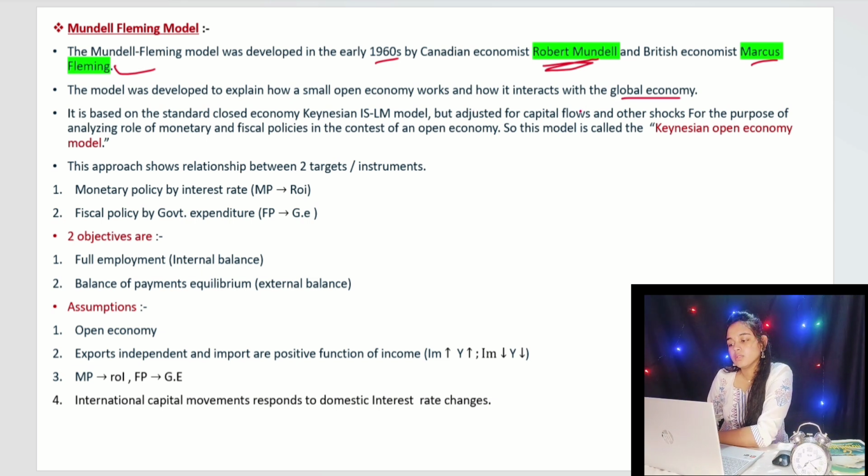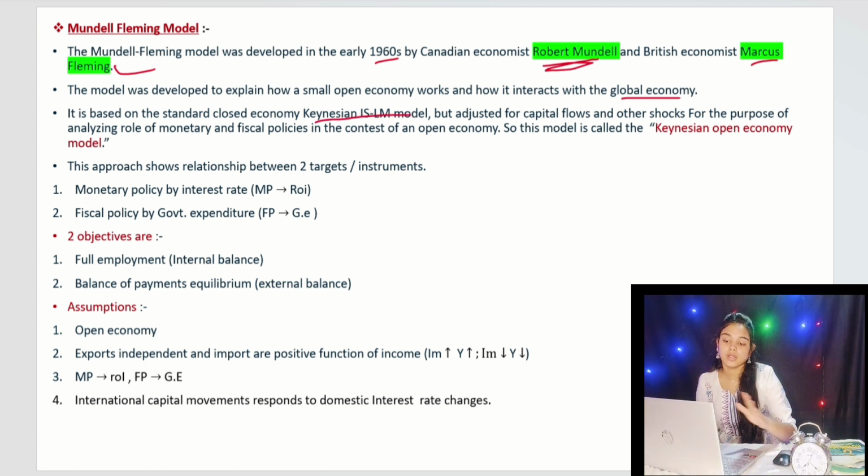It was based on the Keynesian IS-LM model and the Keynesian range, but adjusted for capital flow and other shocks, for the purpose of analyzing the role of monetary and fiscal policy in the context of an open economy. So this model is also called the Keynesian open economy model.